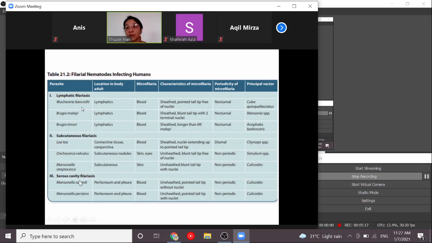The most common one is lymphatic filariasis. Lymphatic filariasis means the adult worm lives in the lymphatic system and lymph nodes. So you see here the adult worm and larva form. The adult worm is in the lymphatics, mainly in the lymph nodes. Loa loa is in the conjunctiva or connective tissue. That's why the infection caused by Wuchereria and Brugia is known as lymphatic filariasis.